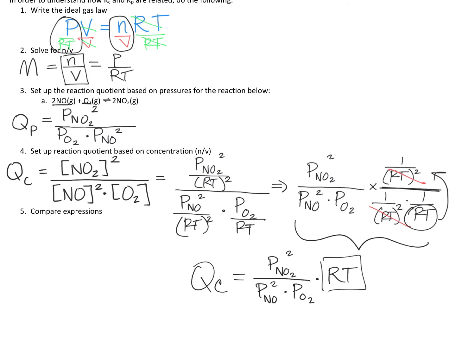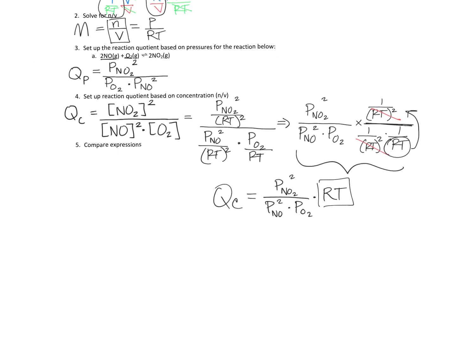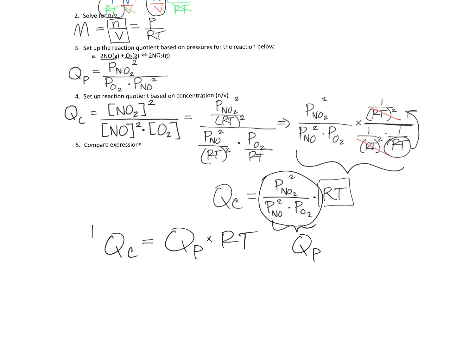What information does that give me? That basically tells me that if I want QC and QP to be equivalent to each other, I have to take my QP and multiply it by RT. Notice this right here is my QP expression. So this is the relationship between QC and QP.